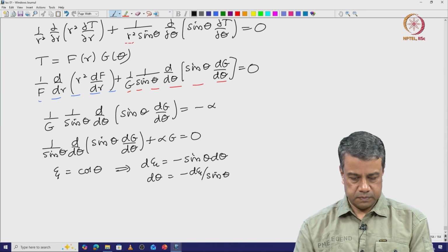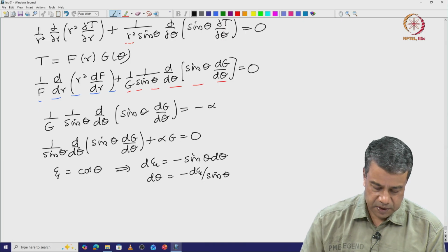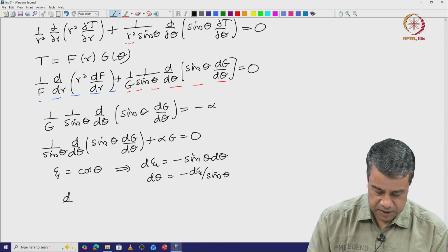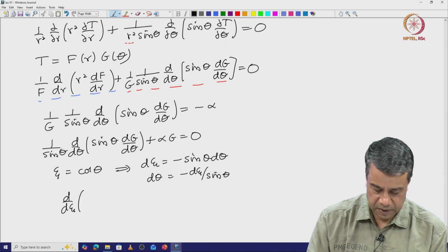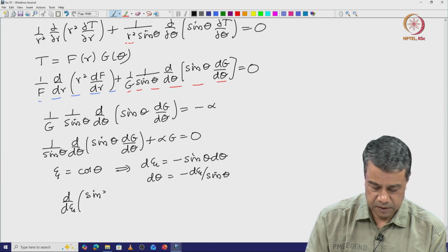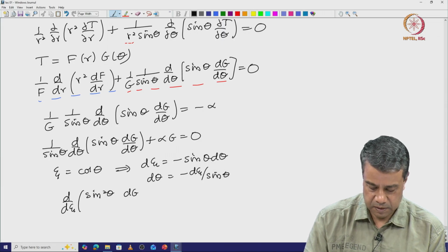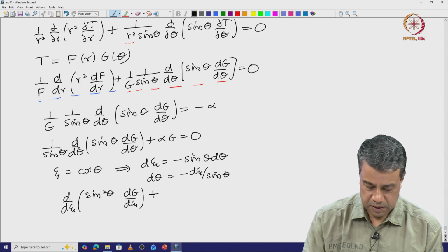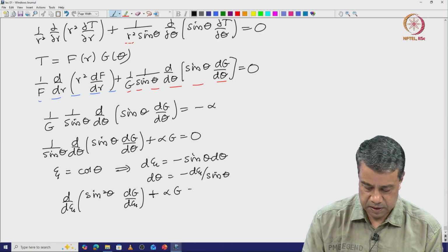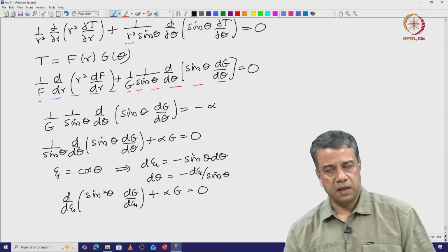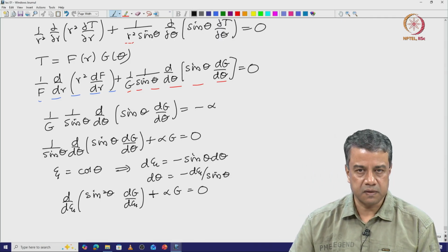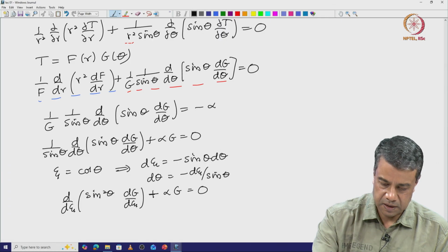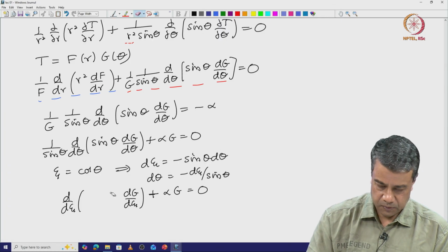Therefore, the equation becomes d by d psi of sin square theta dg by d psi plus alpha times g is equal to 0. And since psi is equal to cos theta, sin square theta is 1 minus psi square.